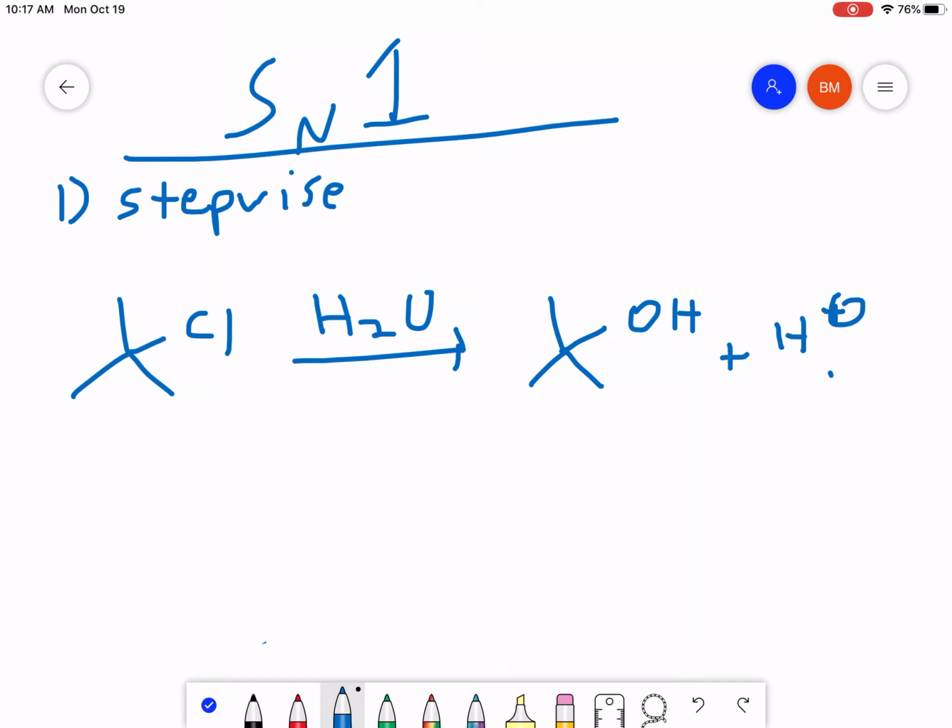Now, unlike the SN2 reaction, this doesn't happen all at once, right? This is stepwise. So the very first thing that happens is that your Cl minus leaves. And when it does so, it takes the electrons with it and forms a positive carbon. You guys know that that's called a carbocation.